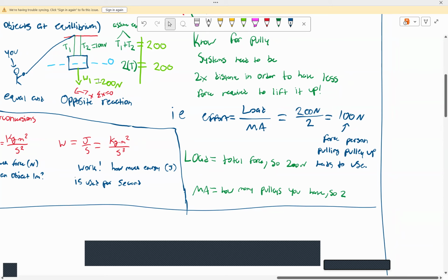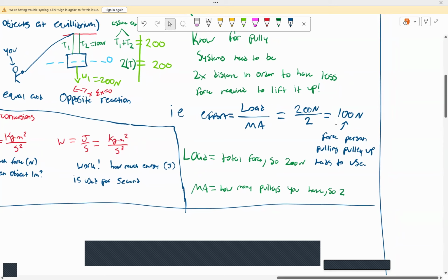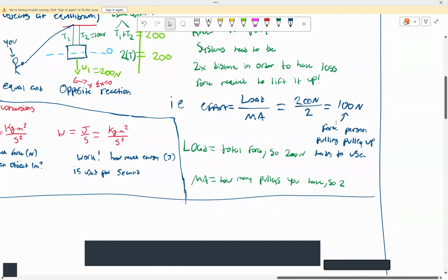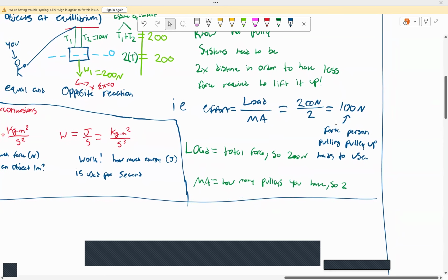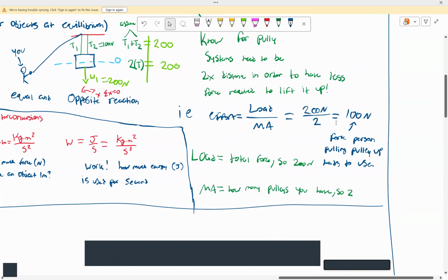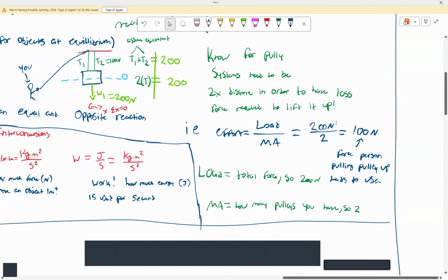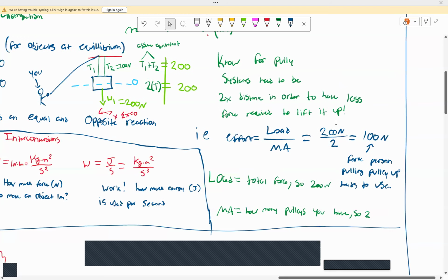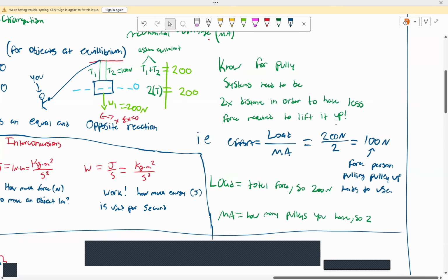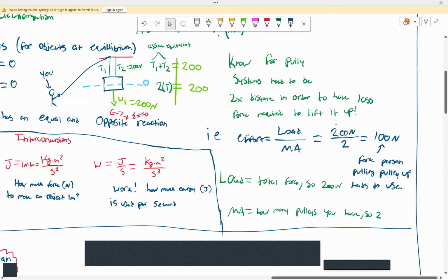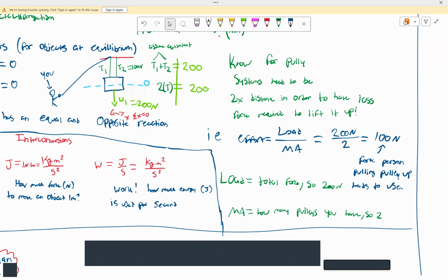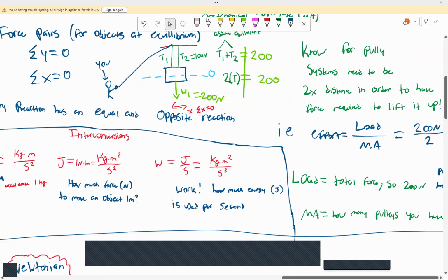Because the weight force is 200 newtons, the load will be 200, so your effort is 100 newtons. But remember, if you have 100 newtons, that means the distance to pull the pulley system is 2 times the distance to lift the box up. If that makes sense.